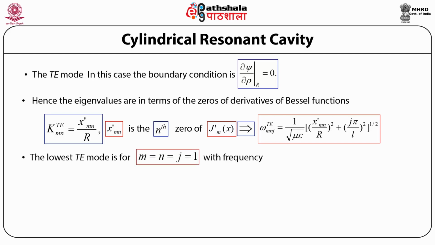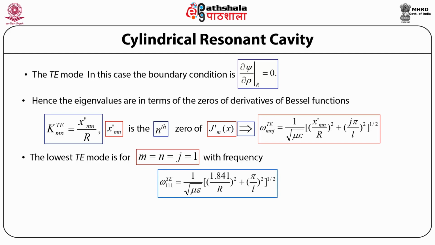And the lowest TE mode that is permissible for the cylindrical resonant cavity is then given for m equal to n equal to j equal to 1, with the resonant frequency given as omega subscript 111 superscript TE is equal to 1 upon under root mu epsilon, whole times bracket open (1.841 by capital R)² plus (pi by L)² bracket close whole to the power half.